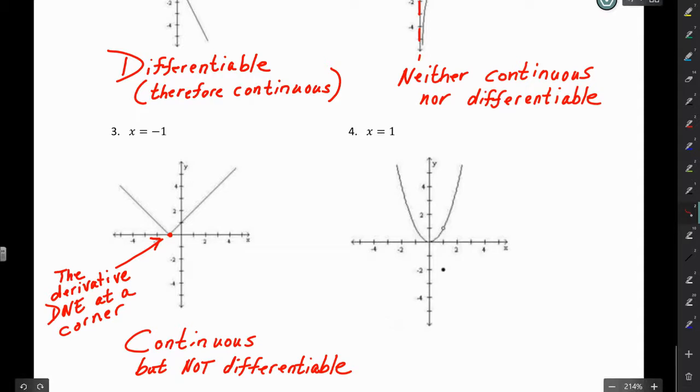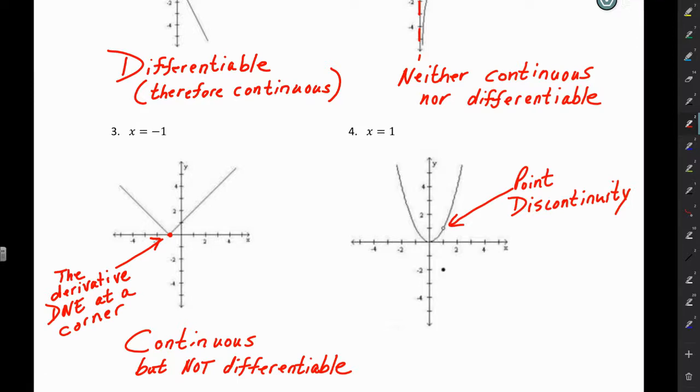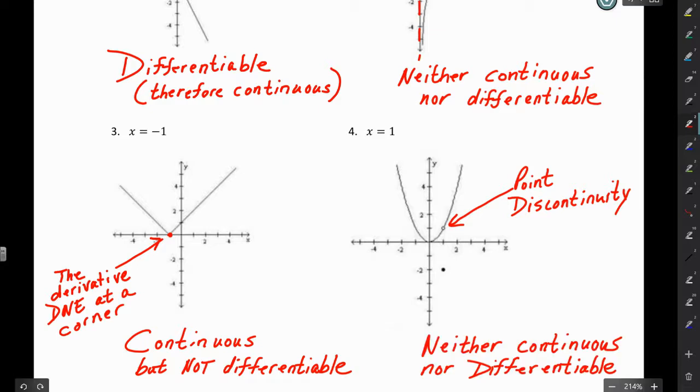Well, we said we can't draw a derivative when there's nothing there. There's nothing at this point on the graph. There's a point down here, but that doesn't help us. This point would need to be filled in. So we have point discontinuity, and at x equals 1, this function is neither continuous nor differentiable.